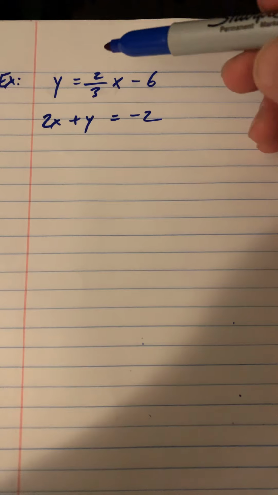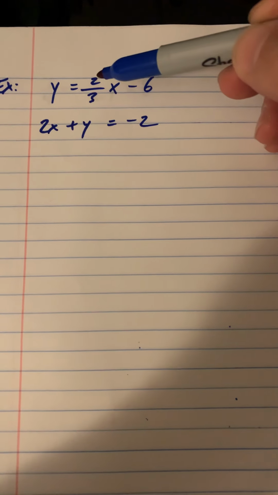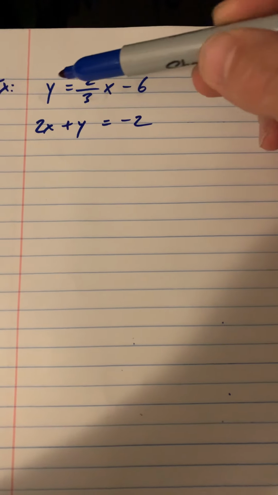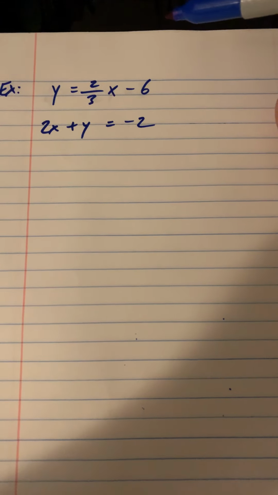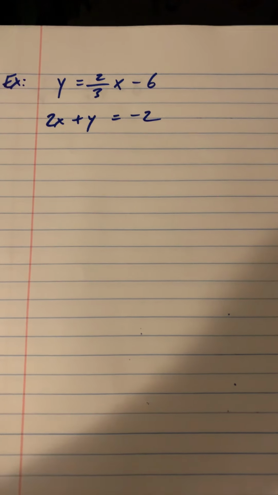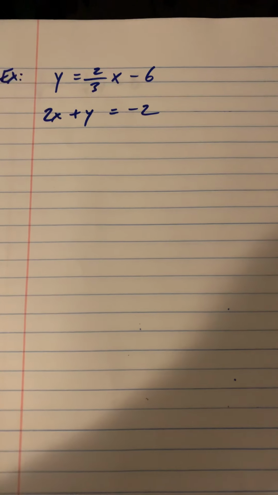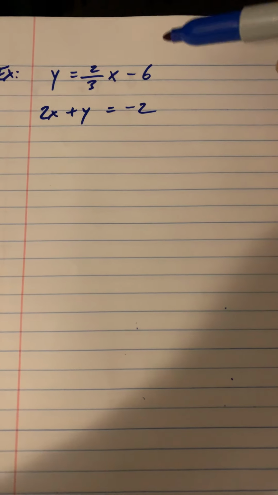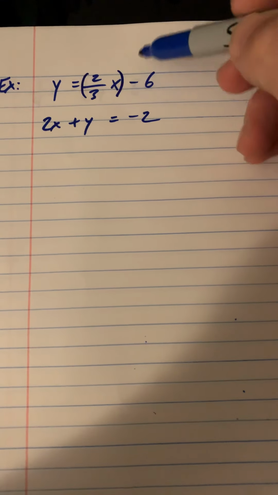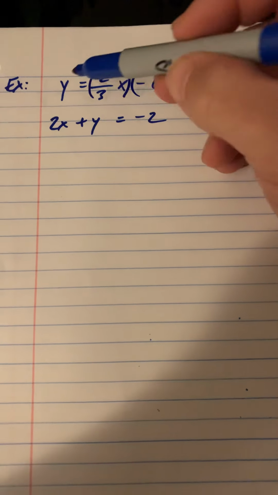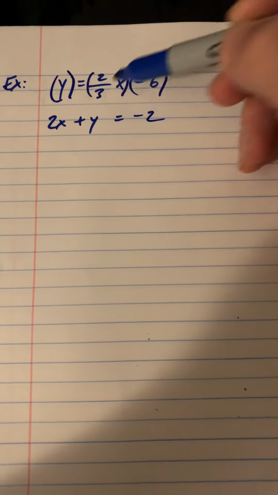First of all, we're going to clear this top equation of that fraction. There's only one fraction, so we're just going to multiply everything in this equation by the denominator.